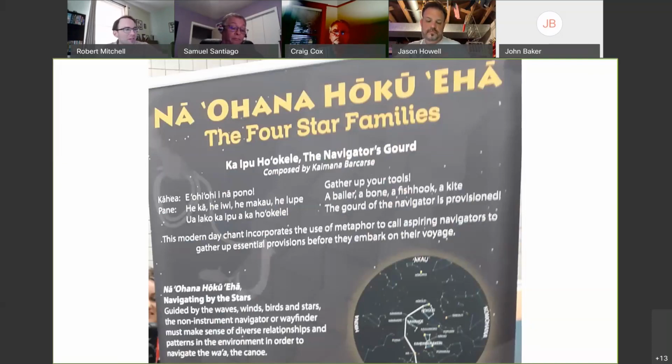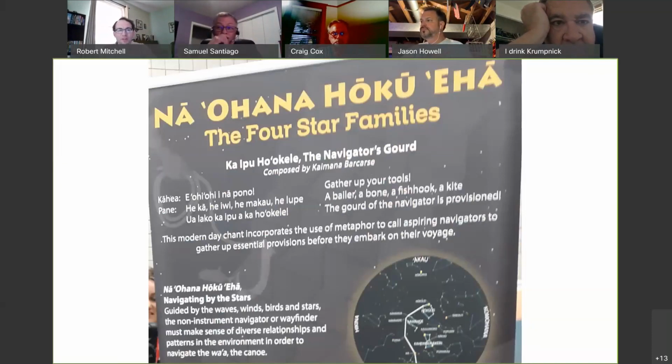A modern day chant. It incorporates the use of metaphor to call aspiring navigators to gather up essential provisions before they embark on their voyage to other islands, to settle or to trade or whatever. And they navigated purely by the stars. And out in the middle of the ocean, what else are you going to have to navigate by?